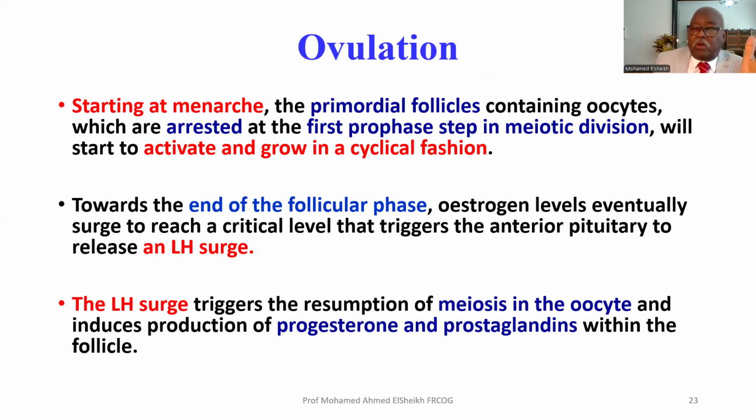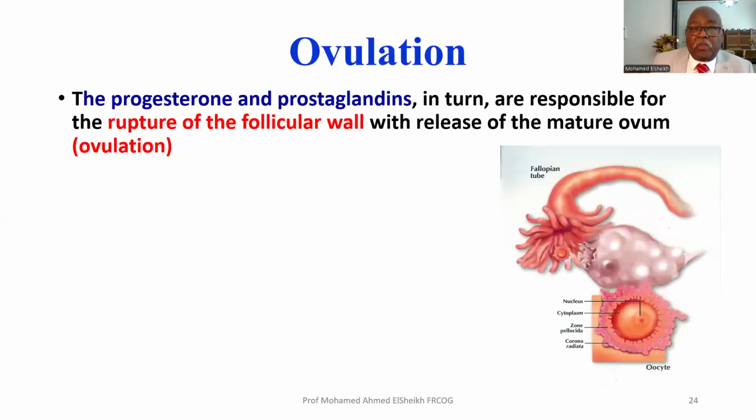The estrogen reaches a certain level, acts through positive feedback, and stimulates the production of the LH surge. The LH surge triggers a resumption of meiosis of the oocyte and induces production of progesterone and prostaglandins within the follicle. Okay, what happened then?